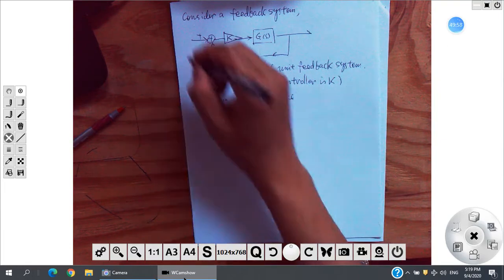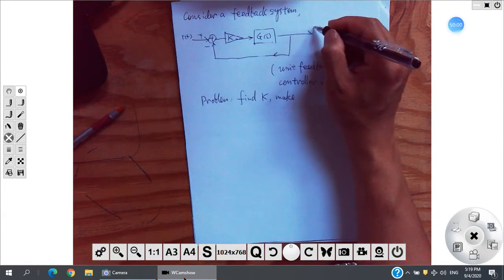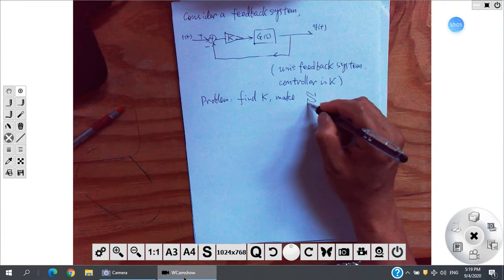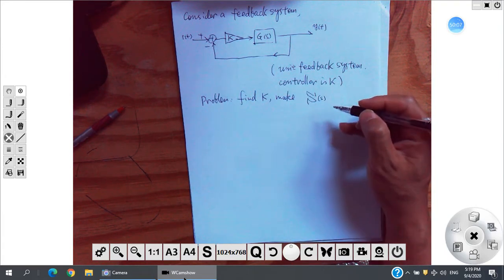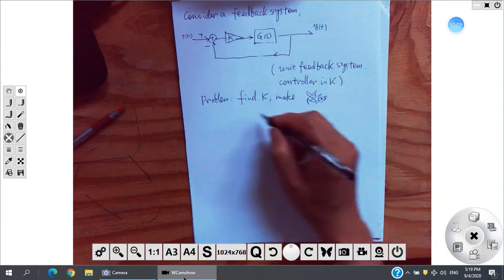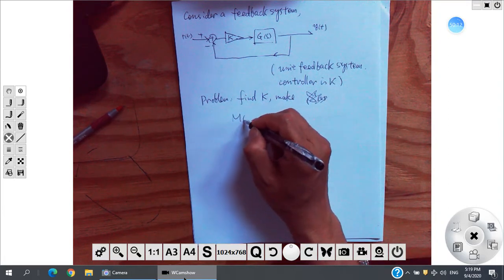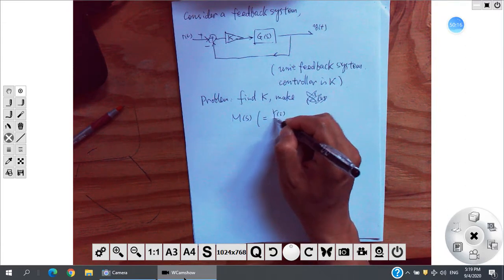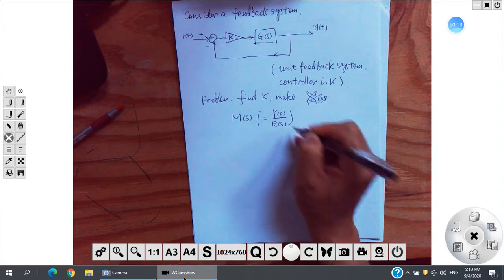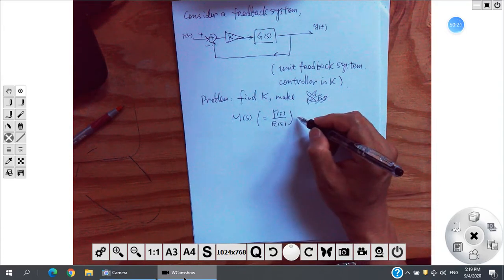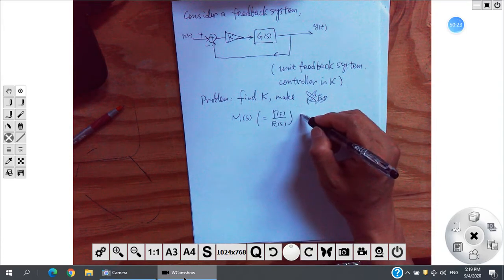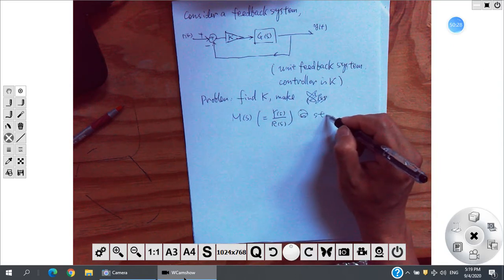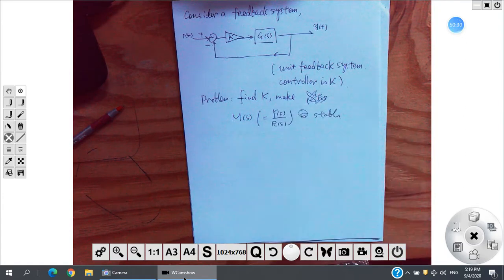Okay, this is R of T, this is Y of T. You see that is the whole system. I use M of S, which is Y of S over R of S. This one, we want to make it stable.